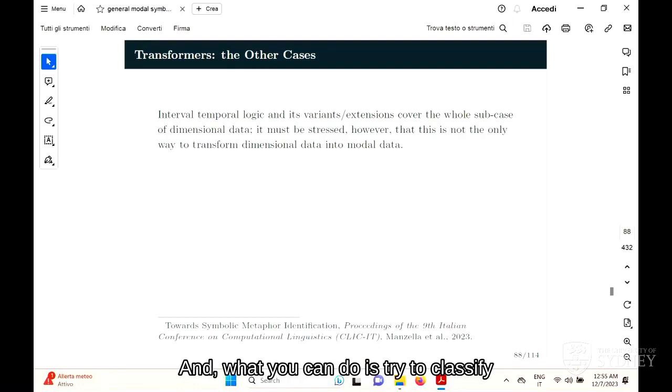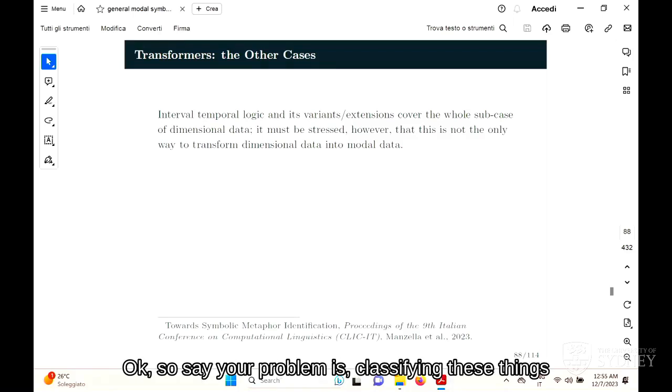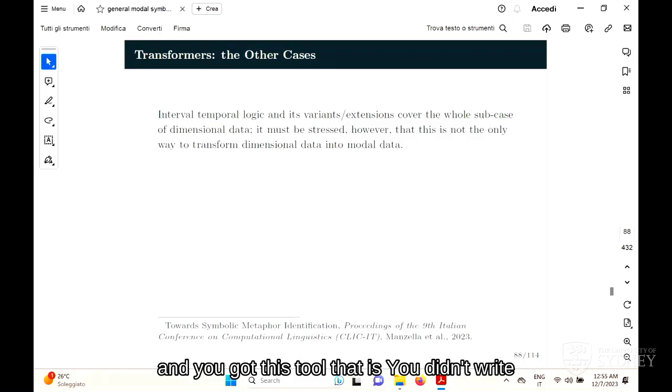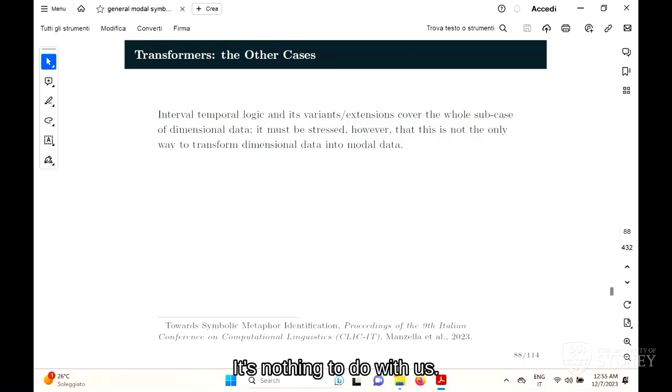And what you can do is try to classify your text as, I don't know, this is an email that says something about an insurance claim, or this one is an email protesting something else, okay? So say your problem is classifying these things, and you've got this tool that you didn't write, it has nothing to do with us, but given any text, it gives you a bunch of topics.